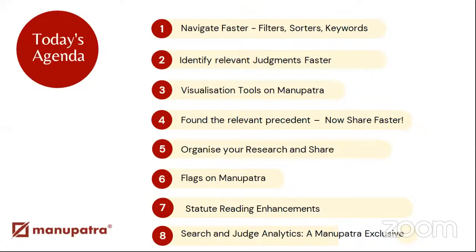First of all, how do you navigate faster on Manupatra? How do you use the various filters, sorters, keywords to navigate better on Manupatra, find relevant results faster? Then how do you identify the relevant judgments according to your proposition? What are the visualization tools available on Manupatra that make your legal research simpler, especially by providing you the results in a more visual, graphic, explainable format?